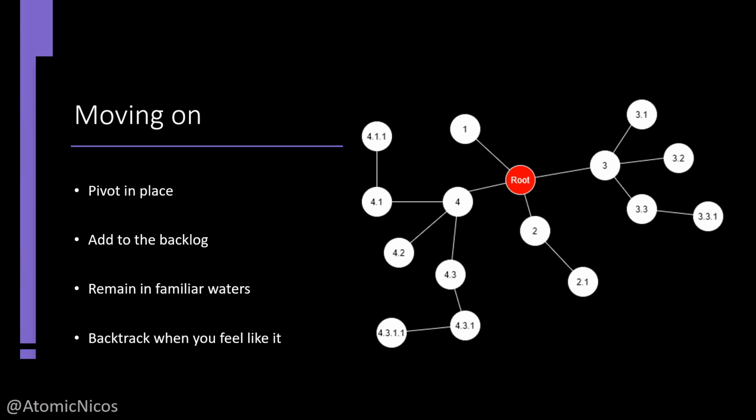For example, here, if I were to display this, right? Laser pointer. You would start from your root node, you would go to the first one, you would see that it's a little bit of a dead end, right? Backtrack, you go to 2, you go to 2.1, remaining in the same waters, right?